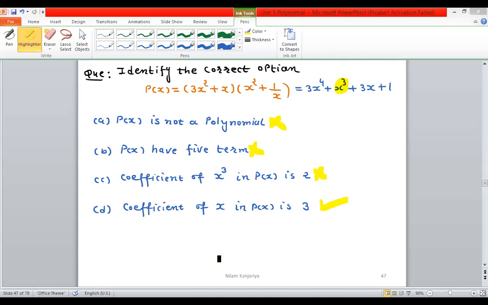Okay. Number 10. Present. Number 11. Present. Number 12.